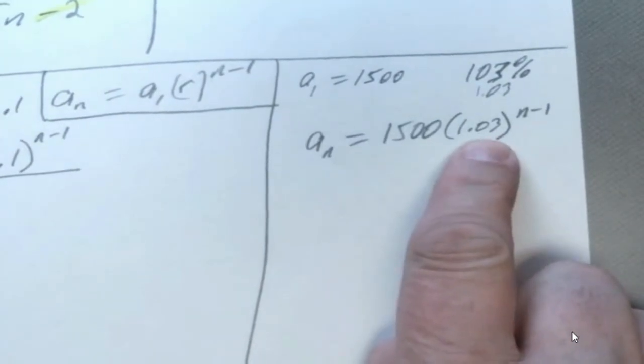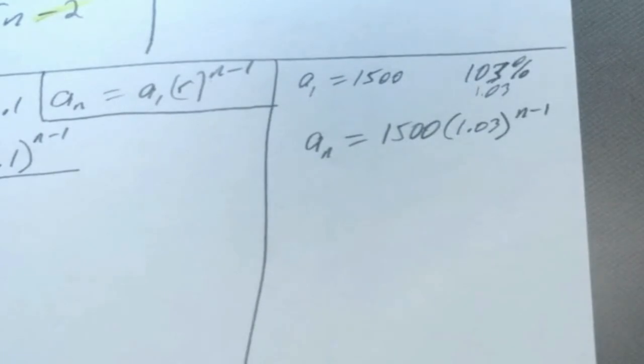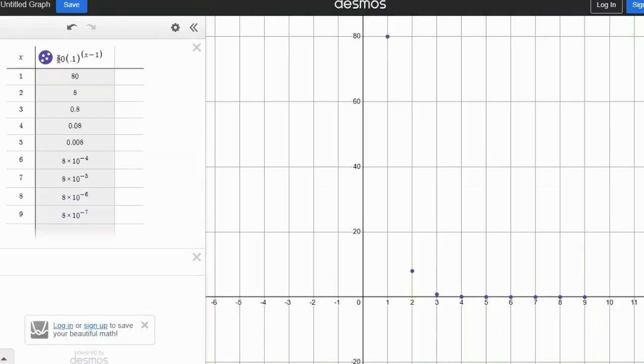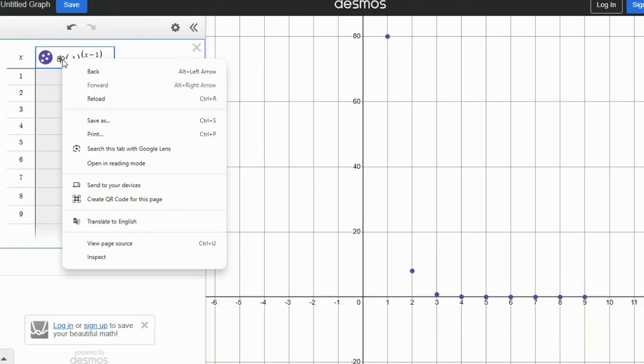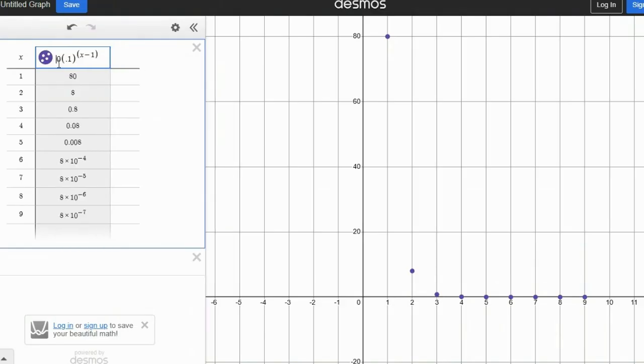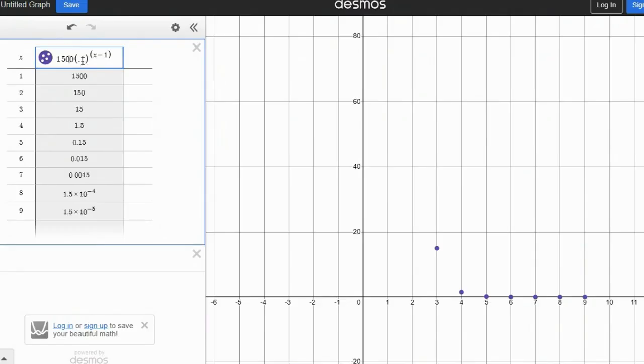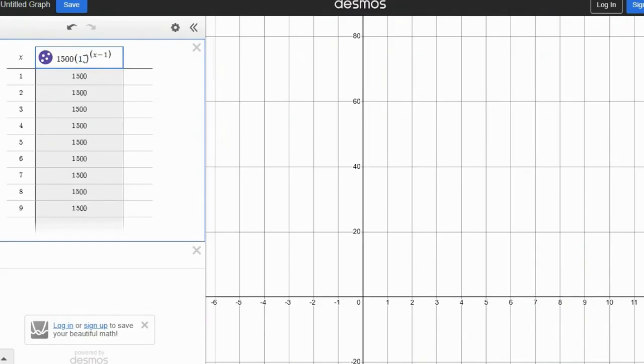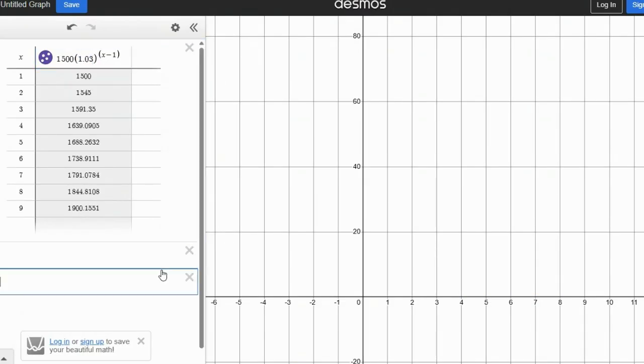And then we'll see what year 7 puts us at. 1.03. Okay, our starting amount is 1,500. And this is 1.03. So year 7, she should have like $1,791.